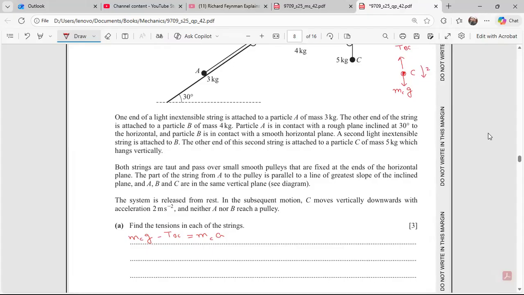From this expression, I can isolate TBC, which is MC times G minus A. MC is known as 5 kilogram and G is 10 minus 2, so this is 8 times 5. This is 40 Newton. So 40 Newton is the tension in the string BC.